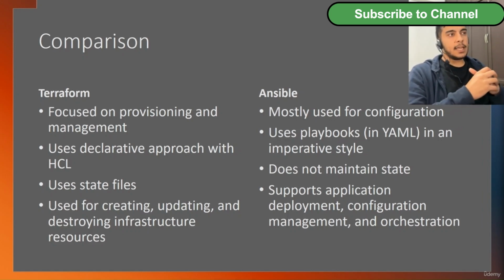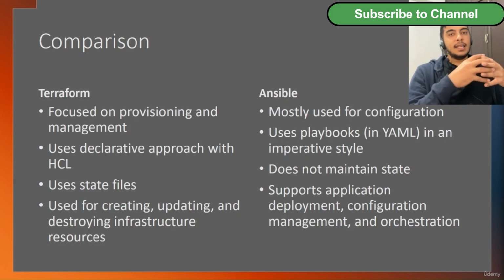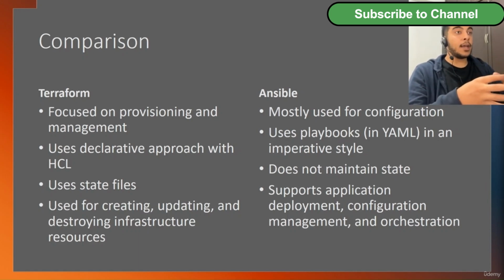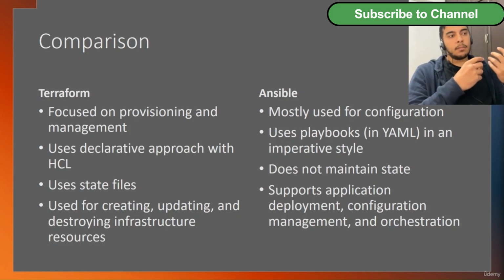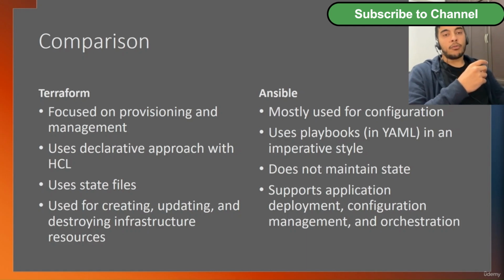But Ansible is mostly used for configuration. So we actually deal with the exact commands, the detailed commands that are actually applied onto our network devices or servers. And it does that in an imperative style. So declarative means we don't have to define every specific thing or configuration that is applied onto our resources.